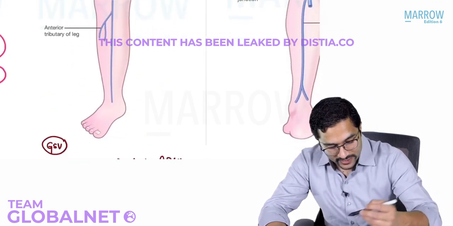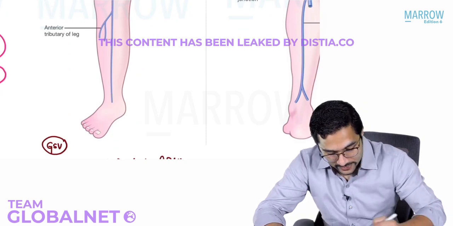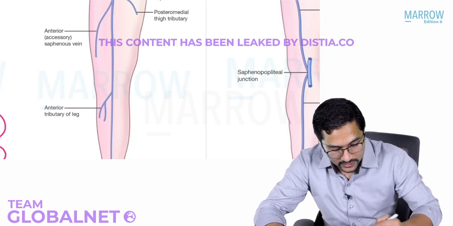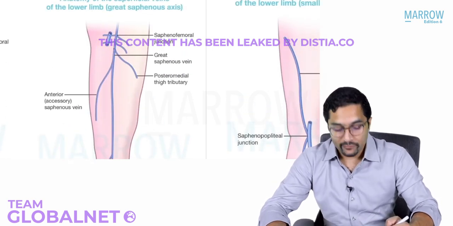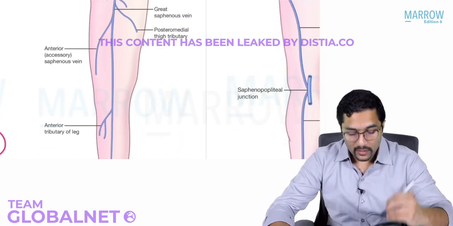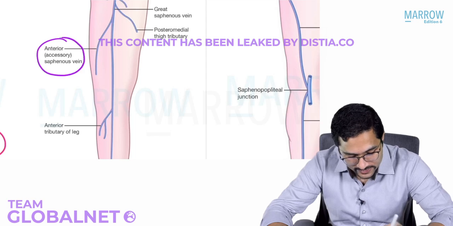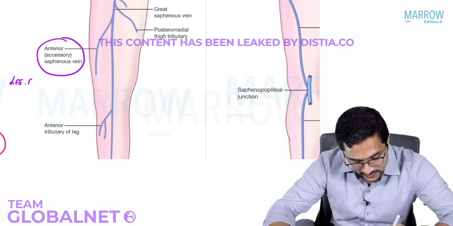So let's just trace the great saphenous vein. You can see here, this is the great saphenous vein which is going up. It lies along the medial aspect of the knee, and finally it drains into the saphenofemoral junction. I also want you to know about the anterior or the accessory saphenous vein. This lies along the lateral aspect of the knee.